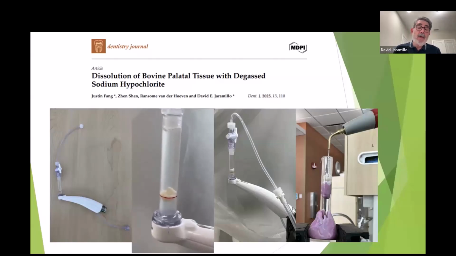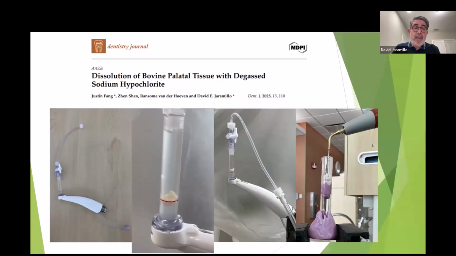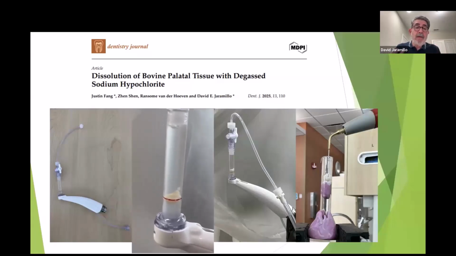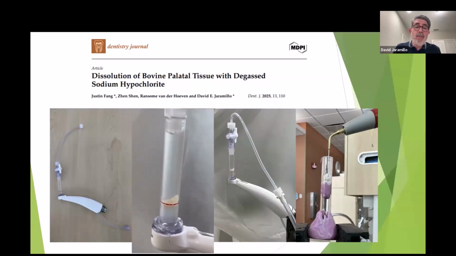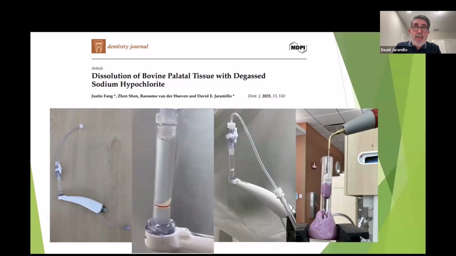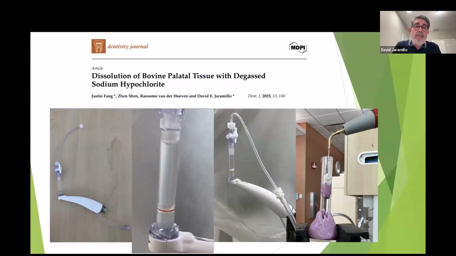Contrary to the other techniques that produce streaming and a lot of bubbles, macro bubbles and micro bubbles, the degassed solution doesn't have bubbles, and that's what is very unique about this GentleWave, because the solution is going to be more totally in contact with any surface.